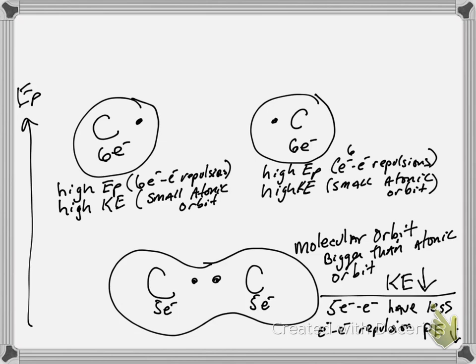So what the bond does to the bonding electron is that it goes through a bigger orbit, lowering the kinetic energy, and the 5 remaining electrons on the atom have lower potential energy, and so this is going to be more stable, and this is less stable.